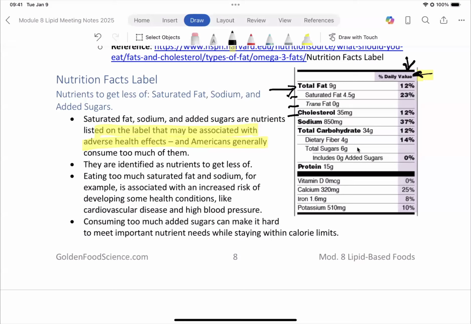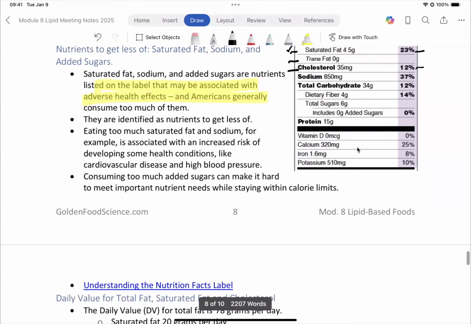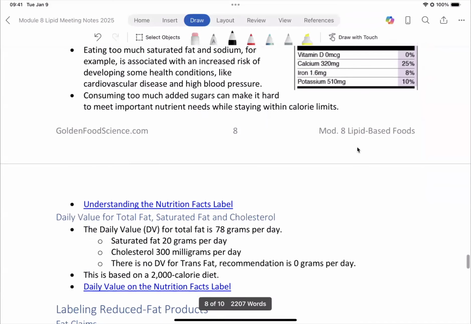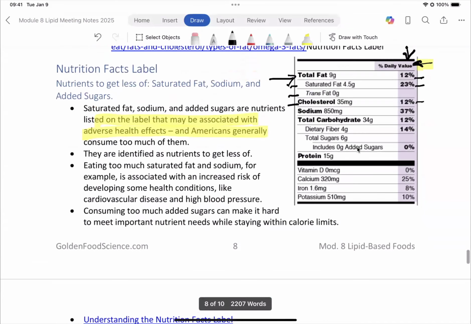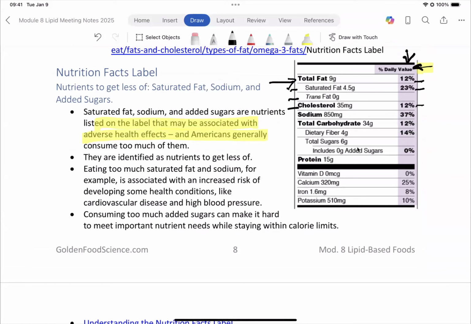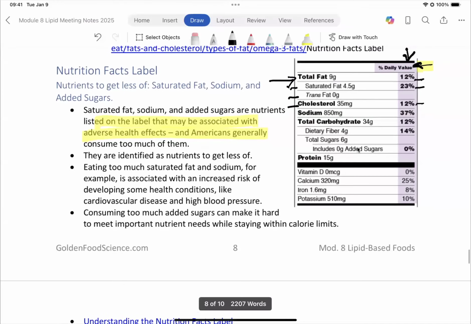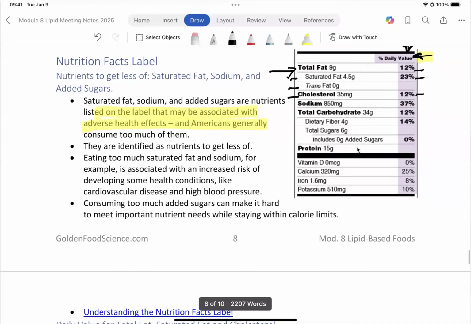So this particular food has 12% of our total fat for the day and 23% of our saturated fat, and 12% of the cholesterol for the day. So this is an animal product, since only animal products have cholesterol in them. There's no cholesterol in plants. So anyway, that's what that is.